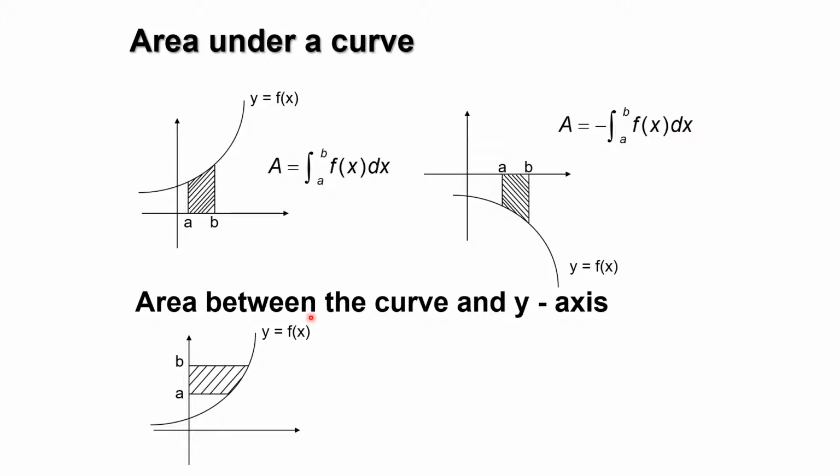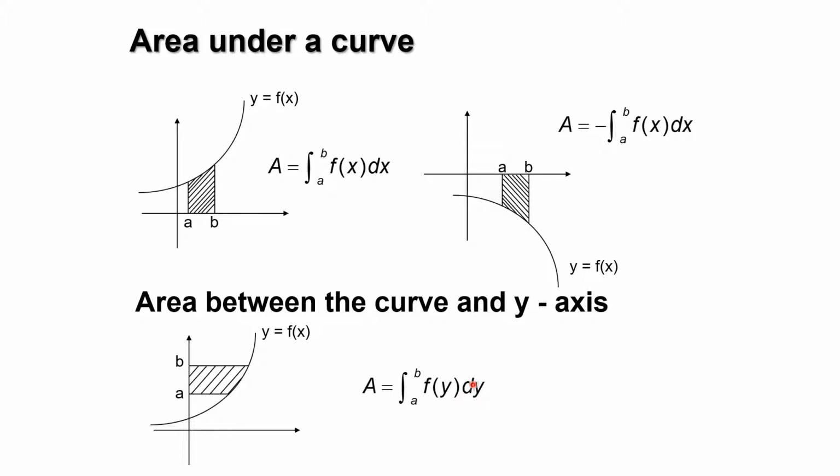Next, area between the curve and the y-axis. When you have the area which is bounded by the curve and the y-axis, the calculation slightly changes. It's written as area of the curve bounded by the y-axis equals the integration from lower to upper limit of the function.